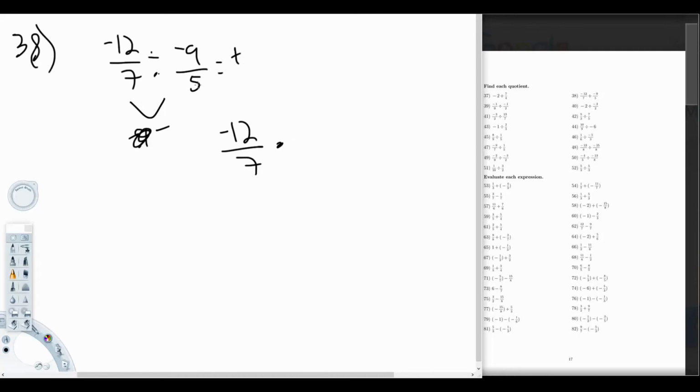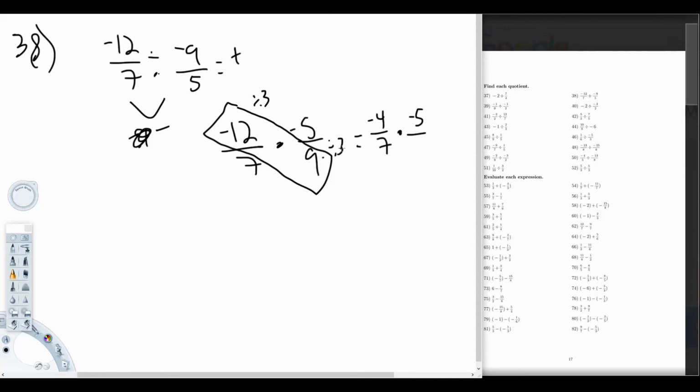Negative 9 over 5 really translates to negative 5 over 9. And now we multiply. But before we multiply, let's take a look at this right here. I think we can divide these by 3. Negative 12 divided by 3 equals negative 4 over 7, multiplied by negative 5 over 9 divided by 3. Negative 4 times negative 5 equals 20, and two negatives equal a positive. 7 times 3 equals 21. And that is the answer for number 38.